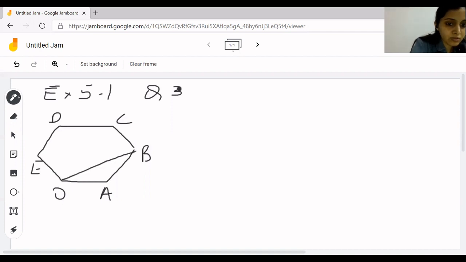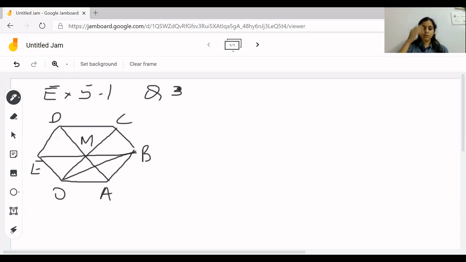So let us join OB. Then we will join AD, OC and EB. Basically, these are the three diagonals of the hexagon meeting at point M. So you can say join diagonals of the hexagon meeting at point M.